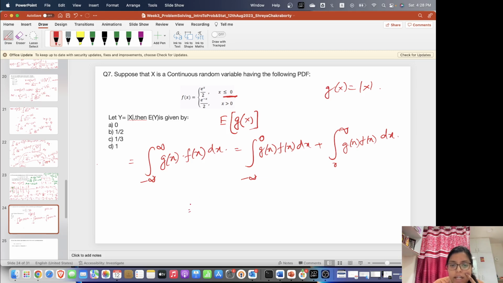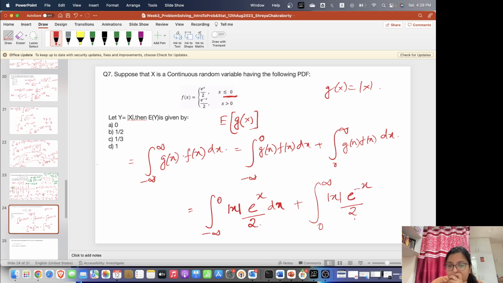So here we'll write the integral from minus infinity to 0 of mod x e to the power x by 2 dx, plus the integral from 0 to infinity of mod x into e to the power minus x by 2 dx.